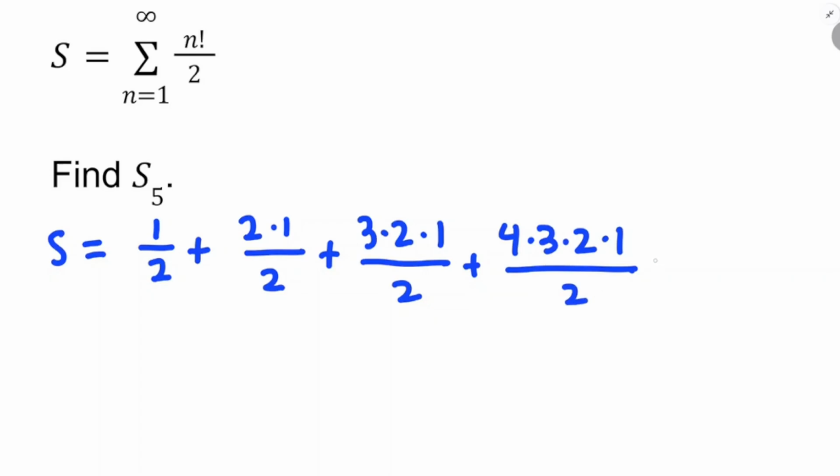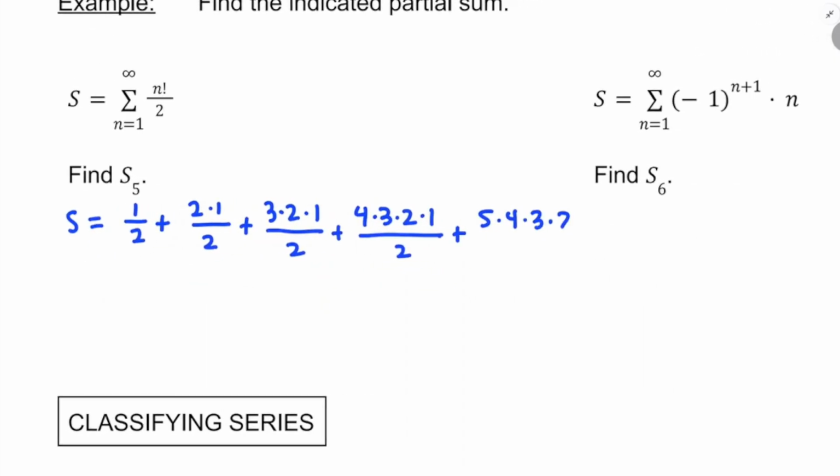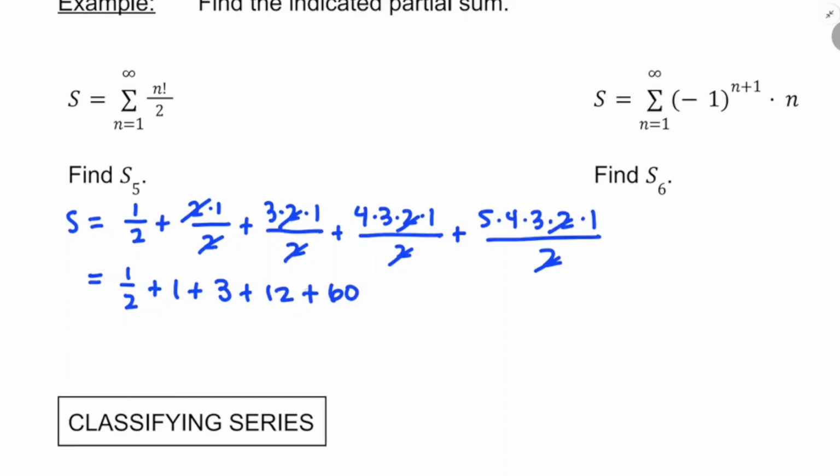And we're going up to infinity, but we need S5, so we're going to need up to the 5th term, divided by 2. Now we're going to cancel off a bunch of 2's. And we would have a half plus 1 plus 3 and 12 and 20 times 3 is 60. All right, so 72, 75, 76 and a half.